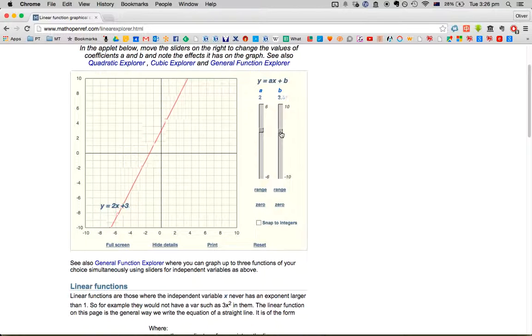Down to 1. The y-intercept is now 1. So y equals mx plus c. C is the y-intercept. Y-intercept is 1. Cuts it at 1. So hopefully that's a clear enough explanation of our starting point of any linear graph, which is the y-intercept.